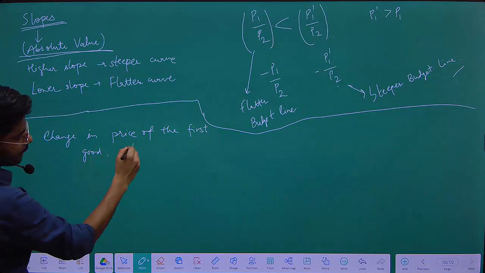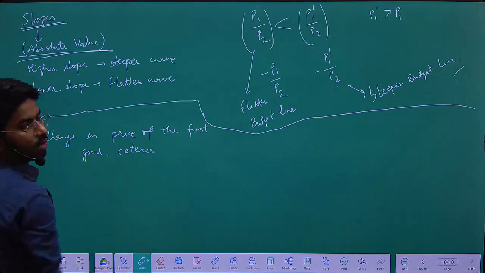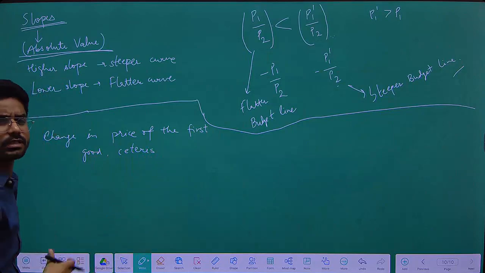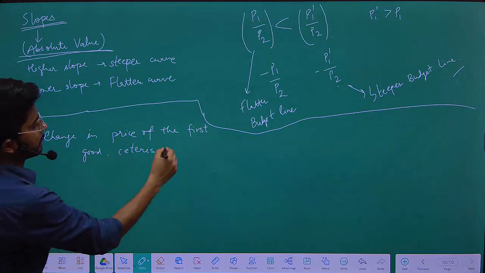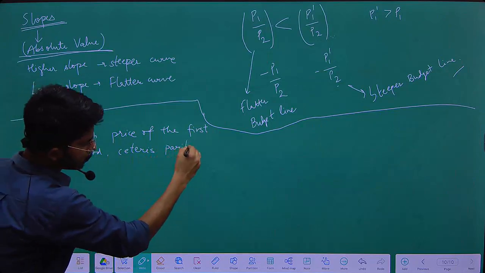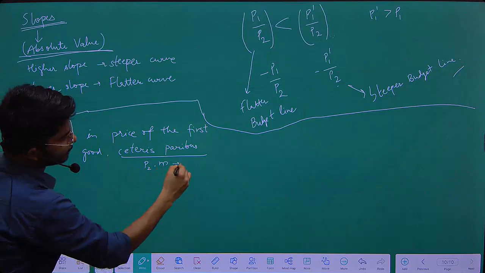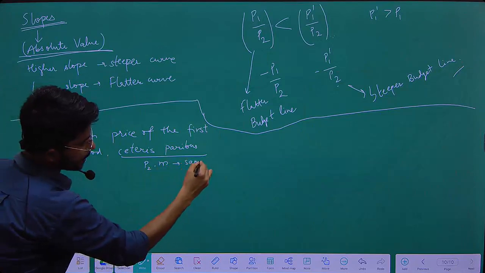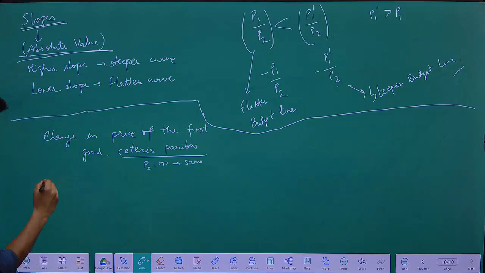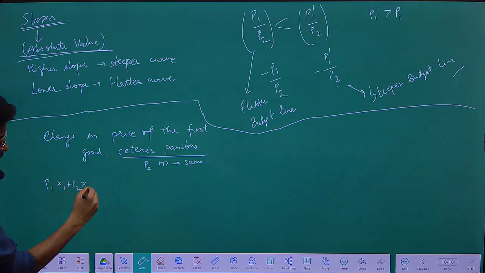Ceteris paribus, meaning all the other things are constant, which are the other variables P2 and M. So I said here you have P2 and M as the same. In that case, you have the equation as P1x1 plus P2x2 equal to M as the original budget line.